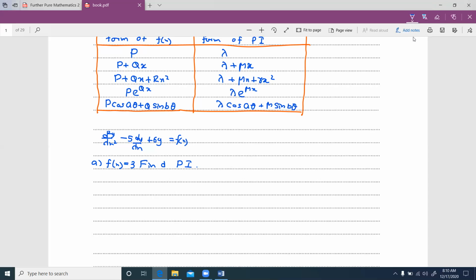That means we will consider y equals lambda. If so, dy by dx is how much if you differentiate lambda? The answer is 0.